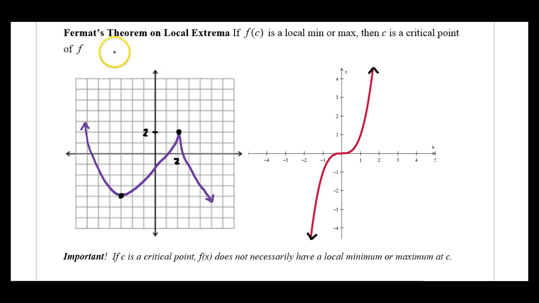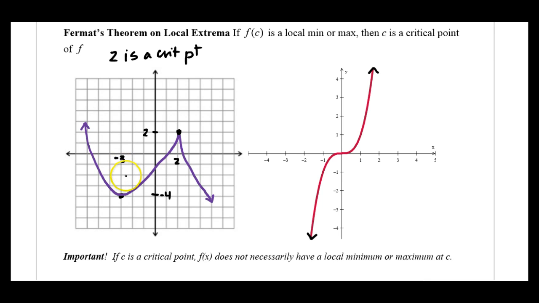So I know that 2 is a critical point from the fact that the y value positive 2 made this a local maximum. And then down here, this minimum that occurs at negative 4, whatever the x value that came from here that made this function go to negative 4 is also a critical point.